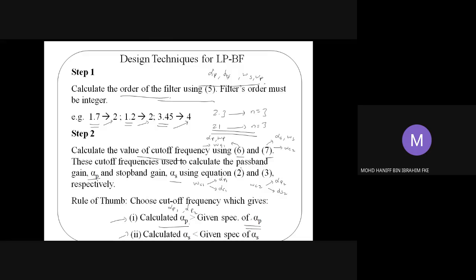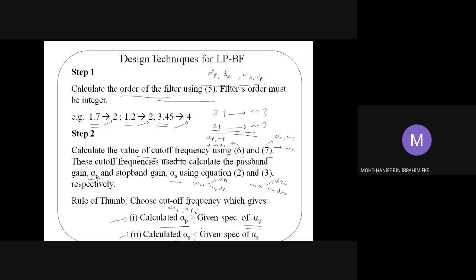The second condition is that the calculated alpha s, whether it is alpha s1 or alpha s2, must always be smaller than the given specification of alpha s. So you have to choose which pair, either the pair alpha p1 and alpha s1, or the pair alpha p2 and alpha s2, will satisfy these conditions.